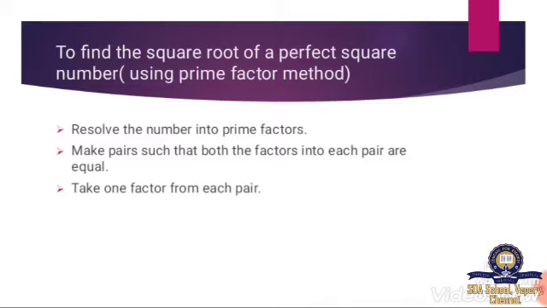Then take one factor from each pair. The product is the square root of the given number. So these are the steps we follow to find the square root of a perfect square by using the prime factor method.